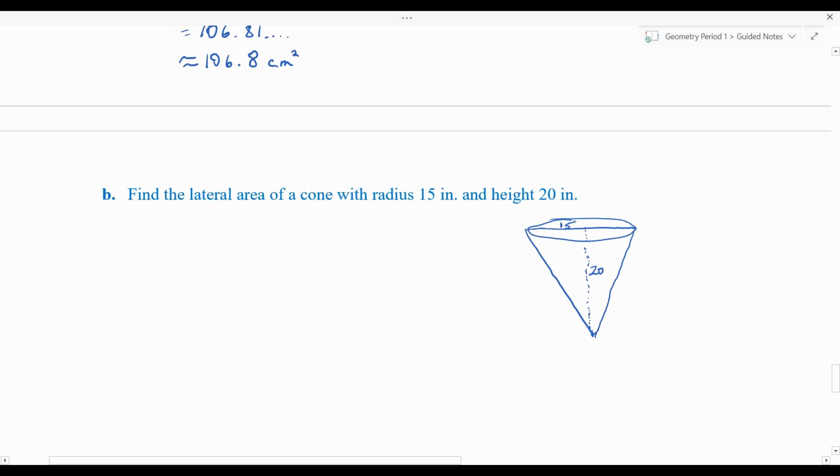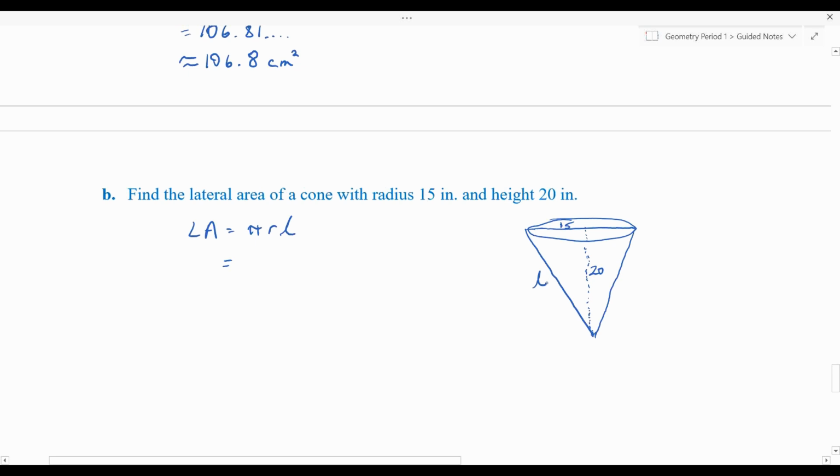Okay, so all I need to do is find the lateral area. So the lateral area of a cone is going to be pi R L. So we don't know what the slant is, so we'll need to calculate that.